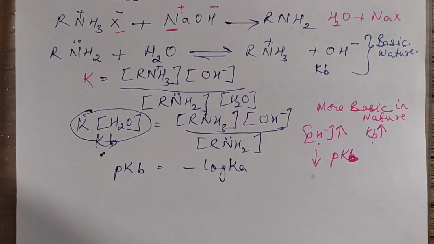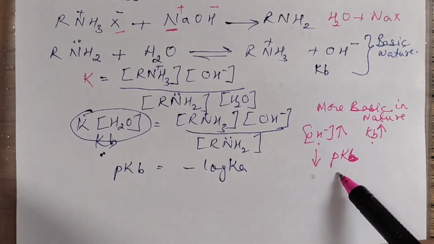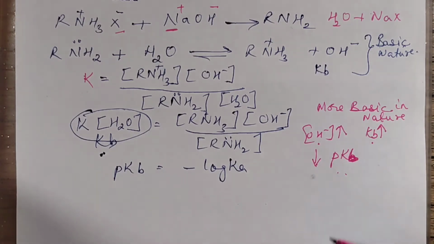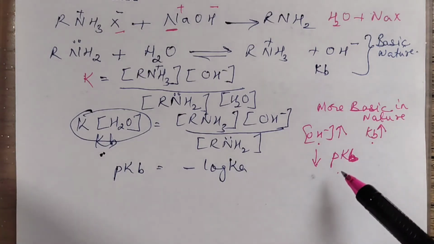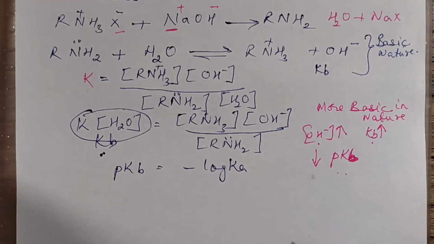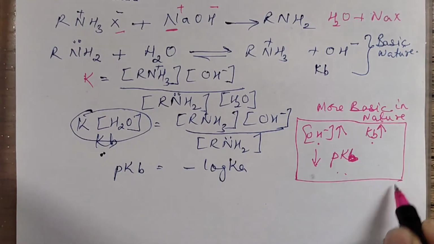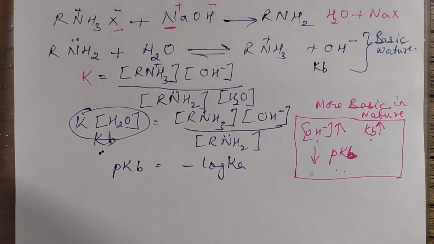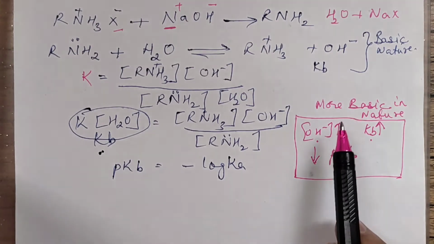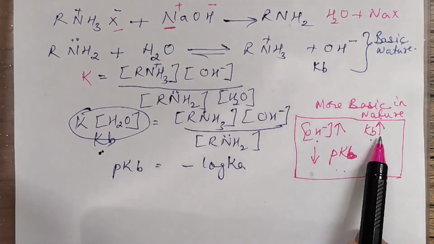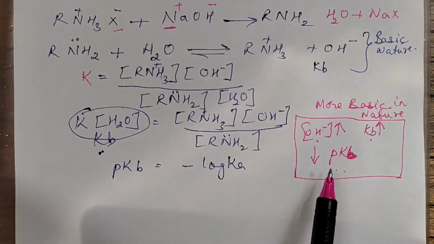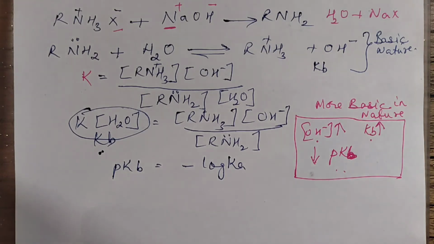If you have some amines given, and if the pKb value is higher, we will say it will be less basic. Lower the pKb, more will be the basic nature. That means to have more basic nature of the amines, OH concentration should be more, Kb value should be more, or the pKb value should be less.